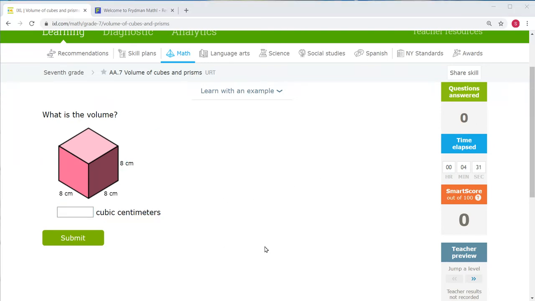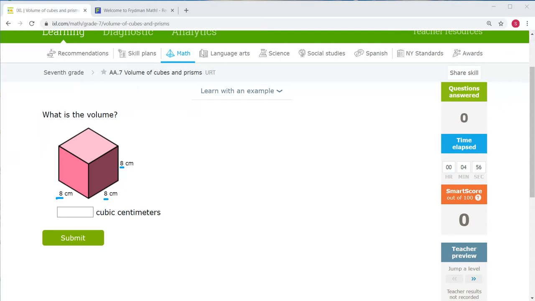So what is the volume here? You know what? You could just do 8 times 8 times 8, but I don't want you to get in the habit of just multiplying the numbers every time you see a volume problem, because you're going to get confused when you move on to cylinders and triangular prisms and anything else.